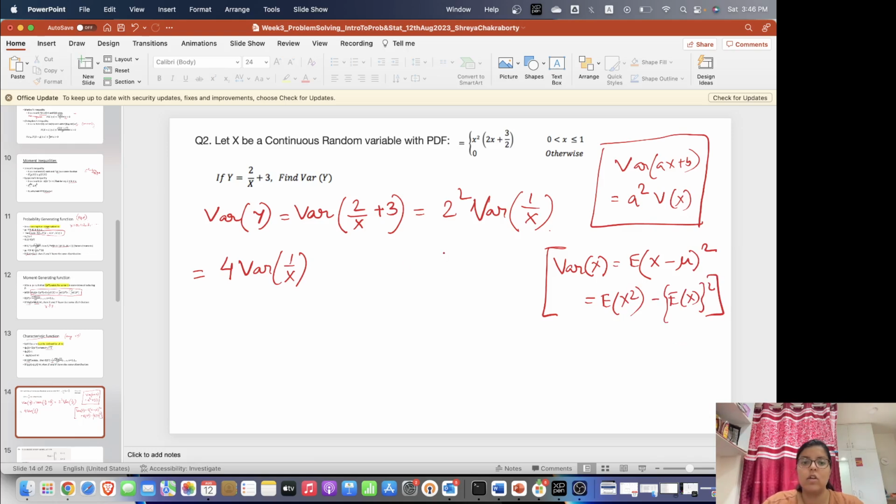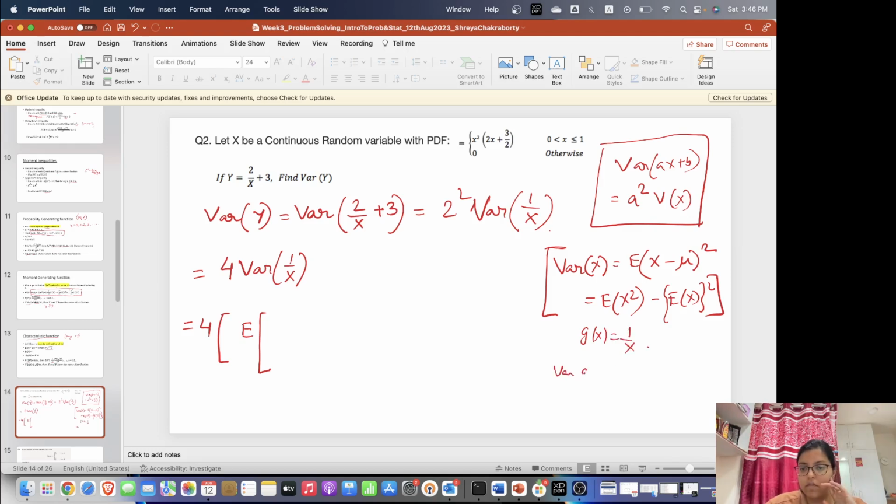Here we are going to apply the second formula. So this we'll write as 4 into, let's say g of x equal to 1 by x.